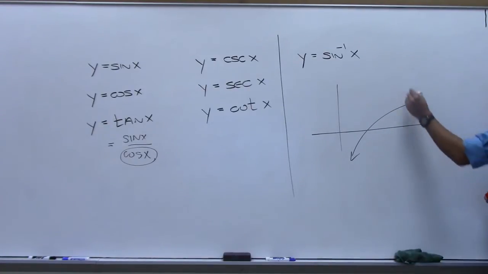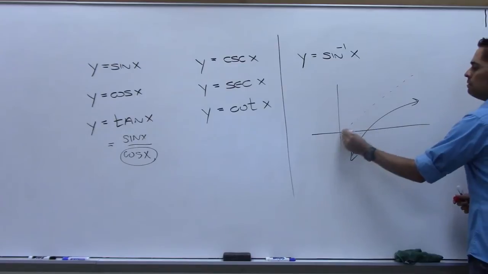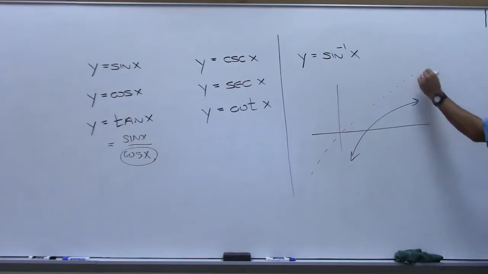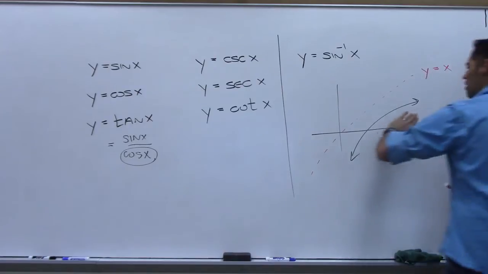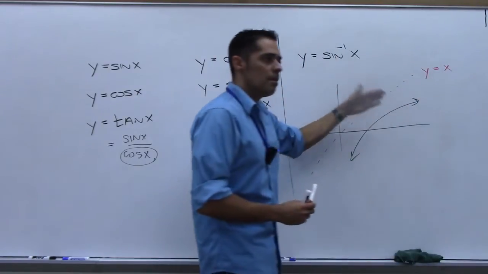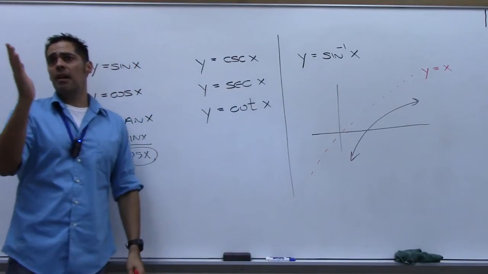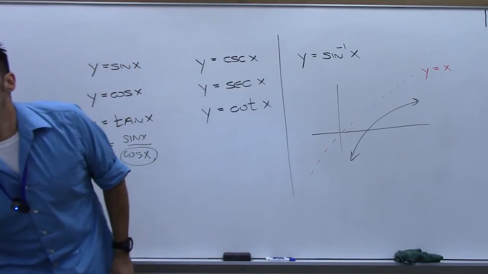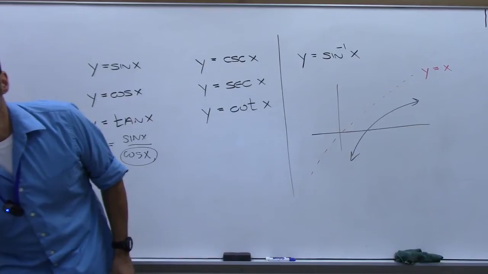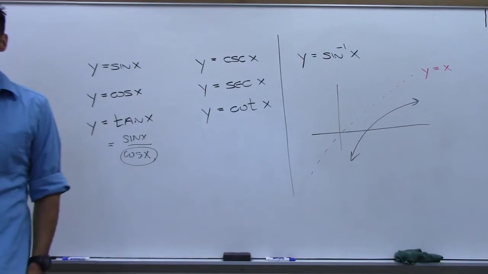It's a reflection of this over the diagonal, which is the identity function, y equals x. If I take this, I reflect it over like this, then that's what the inverse looks like. So you can kind of see that in that picture. If you take the red function and you reflect it over the diagonal, you will get the blue function.